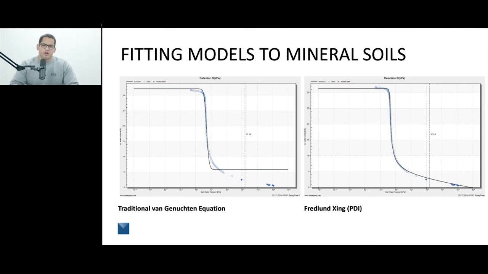So here we have an example of a mineral soil. This is going to be a little bit coarser textured soil. And one of the most common models that people would typically use is one of the traditional van Genuchten equations. And you can see on the left here what that model looks like and how it fit the data. One of the challenges with the traditional van Genuchten equation is there's a variable in there called theta R, or the residual water content.